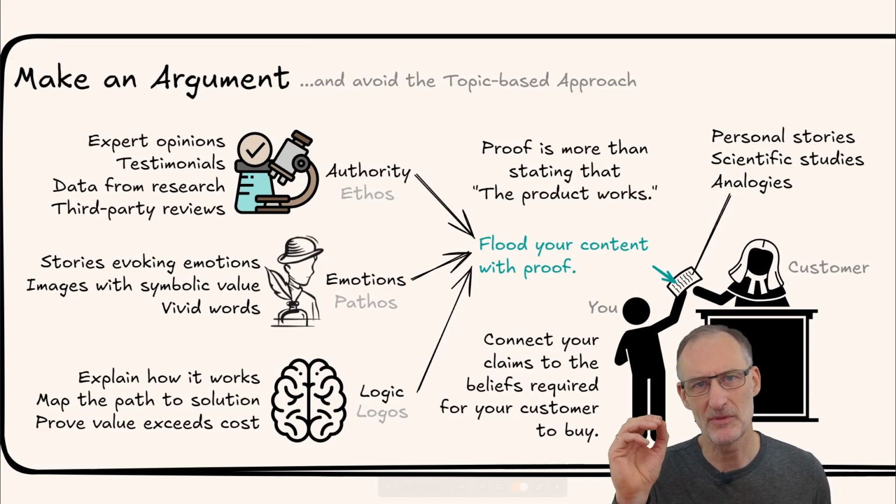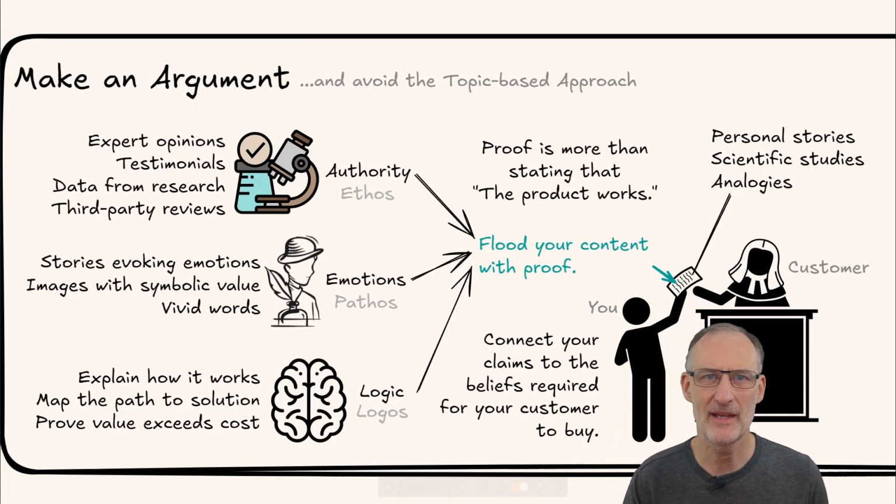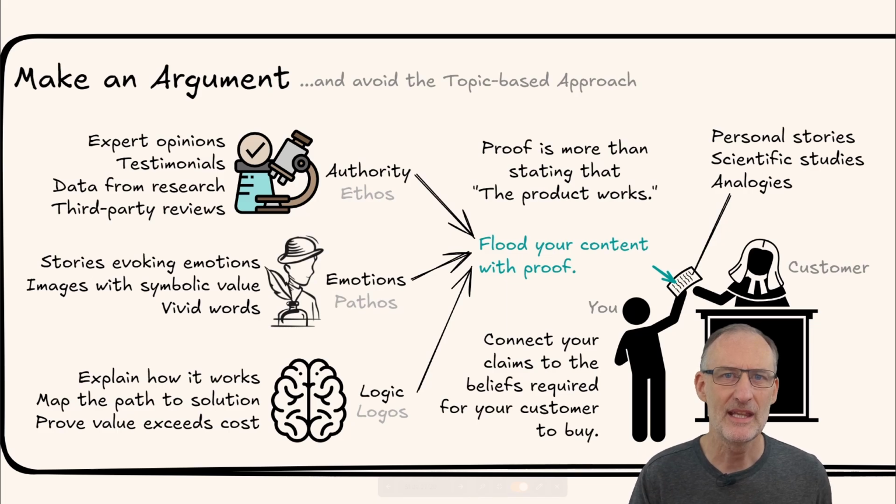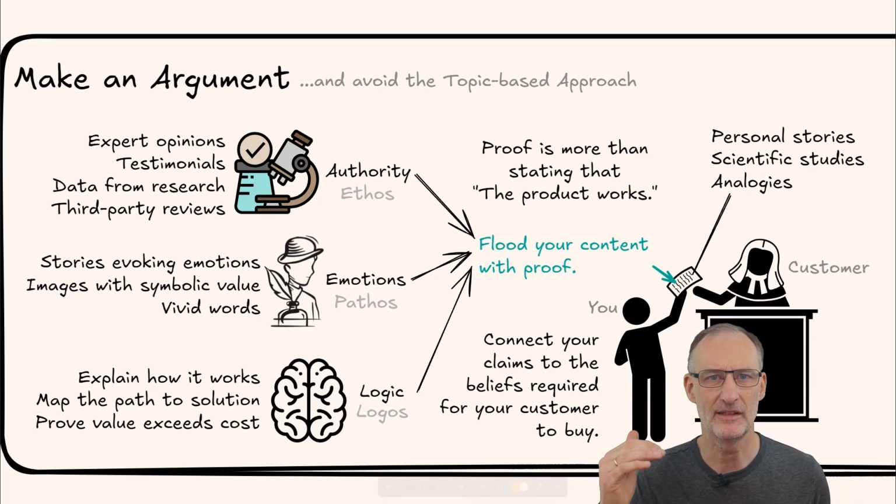And this is where these three approaches come in. This actually comes from ancient times, from Aristotle, from the Greeks. Aristotle in Rhetoric, which is the art of persuasion, talks about ethos, pathos, and logos, or authority, emotions, and logic. These are the three types of proofs that you can use.